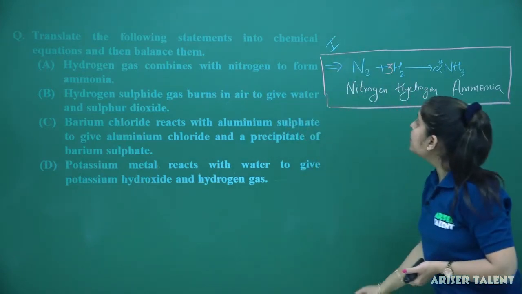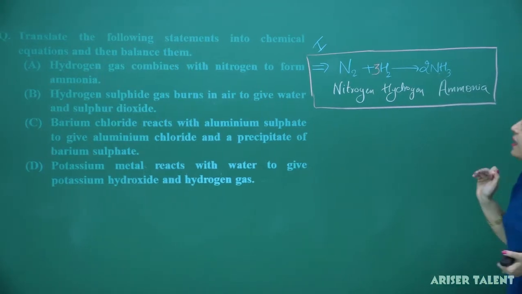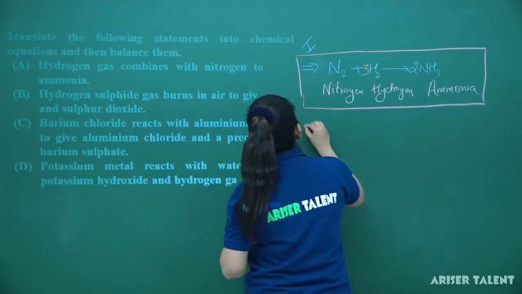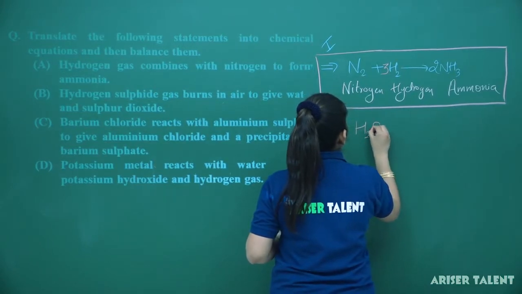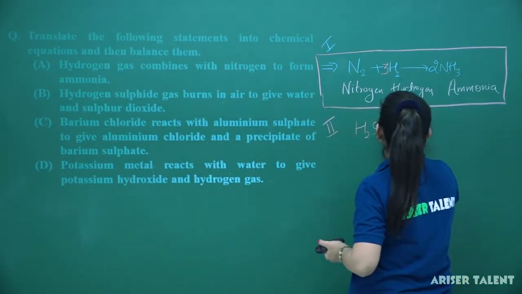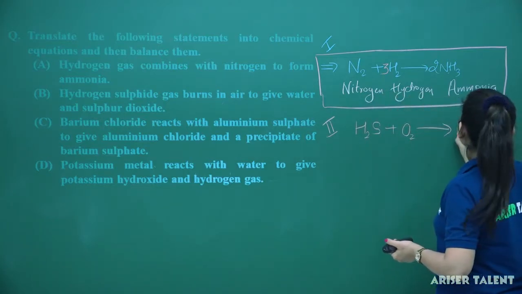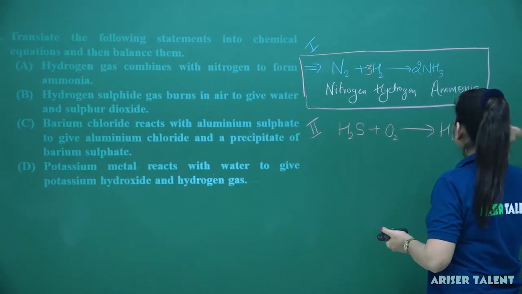Now, we are on our second question. Hydrogen sulfide gas burns in air to give water and sulfur dioxide. So, our question number 2 is, hydrogen sulfide gas H2S burns in air to give water and sulfur dioxide.